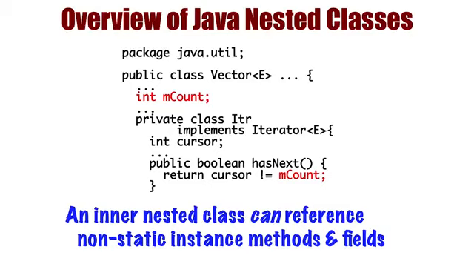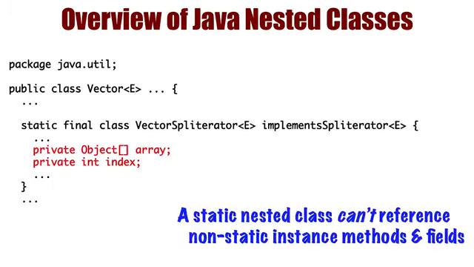An inner class is a nested class that can reference non-static methods and fields in the enclosing class. For example, Iter is an inner class that can access the elementCount field defined by the Vector top-level class. Likewise, the next method in Iter can invoke the elementData method defined by Vector.